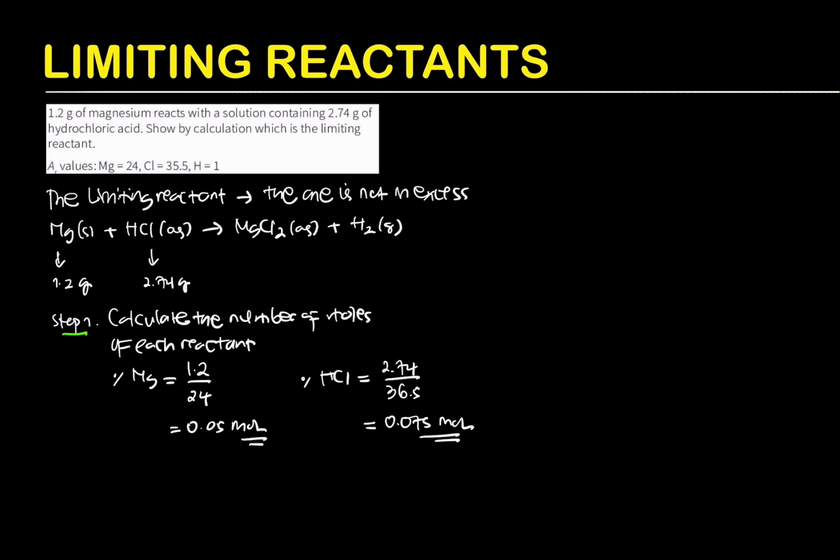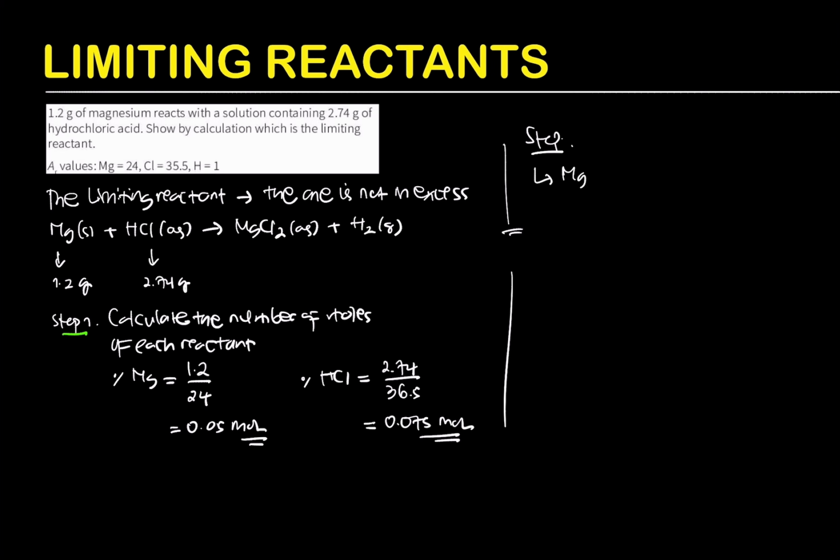The second step, in order to get the answer, we have to find out exactly the amount of them. We can see from the reaction here, we have to balance them.